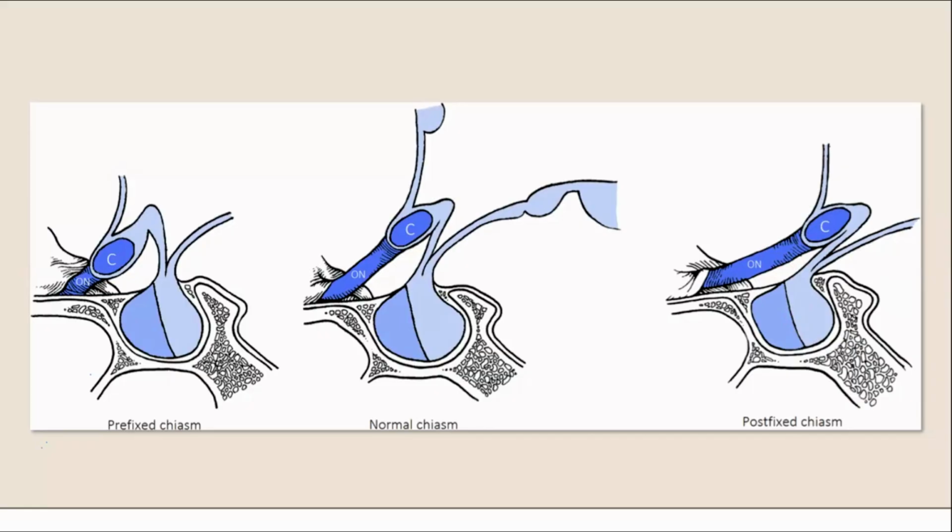There will be inferonasal fibers which will cross from, suppose it is the right eye, instead of going to the left optic tract, they go into the left optic nerve and then to the left side of the optic tract. So whenever the distal part of the optic nerve, the proximal part, is compressed, like in pituitary adenoma, there can be compression of the inferonasal fibers. So a supratemporal field defect along with blindness of that eye can occur.